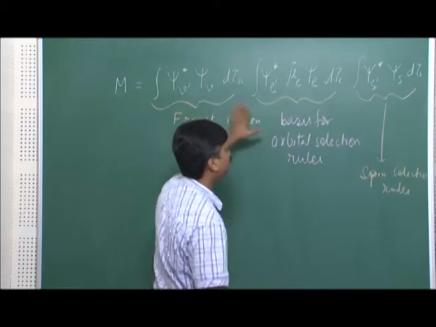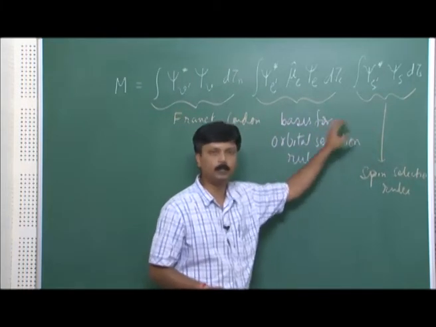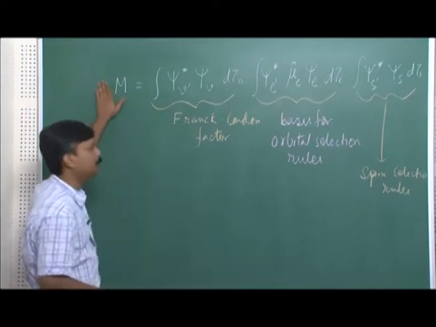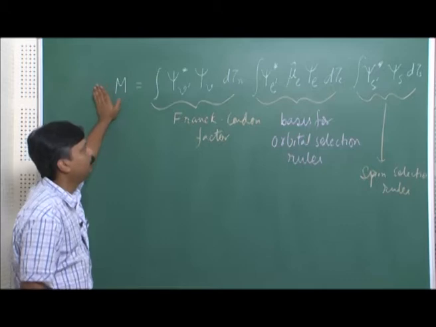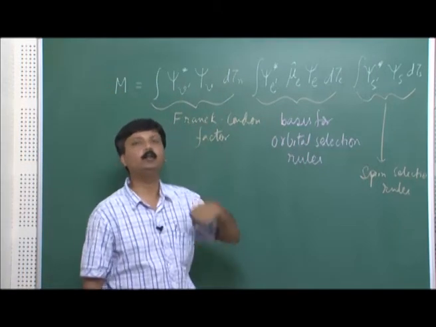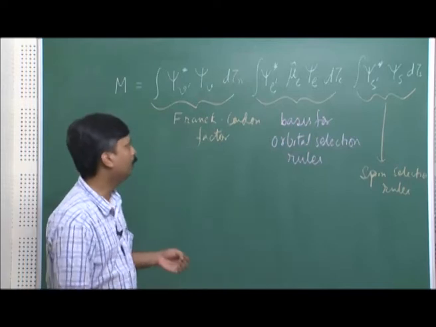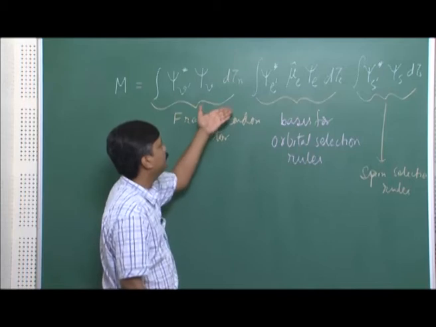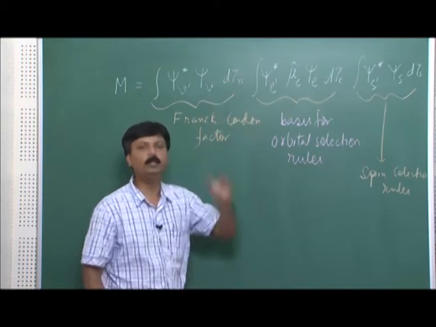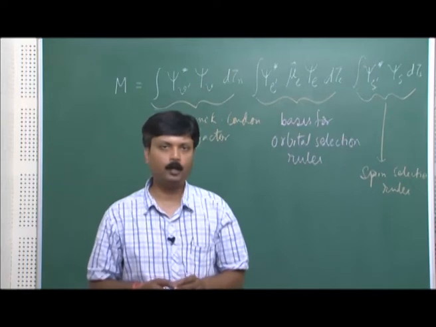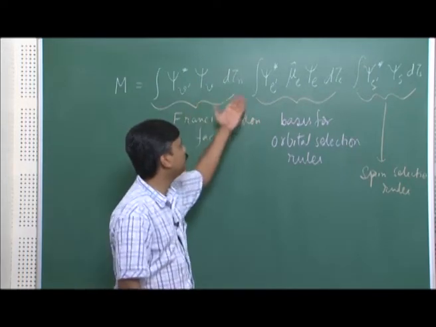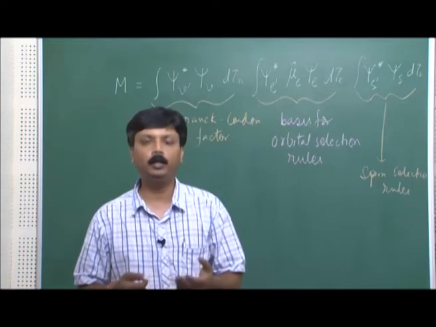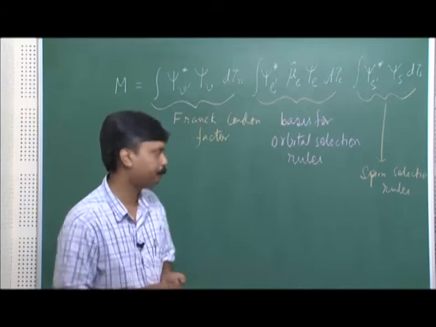Before going into the detailed discussion of the individual three integrals, since this is my overall transition moment integral, the allowedness of an electronic transition will be affirmative if the overall integral is non-vanishing. Otherwise, if any one of these integrals is 0, then the corresponding transition will be forbidden.